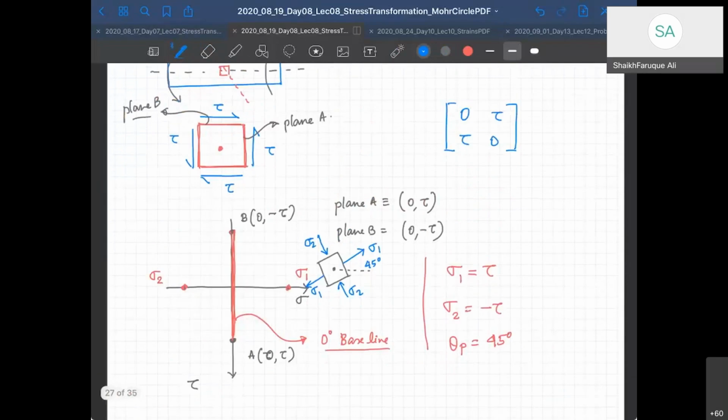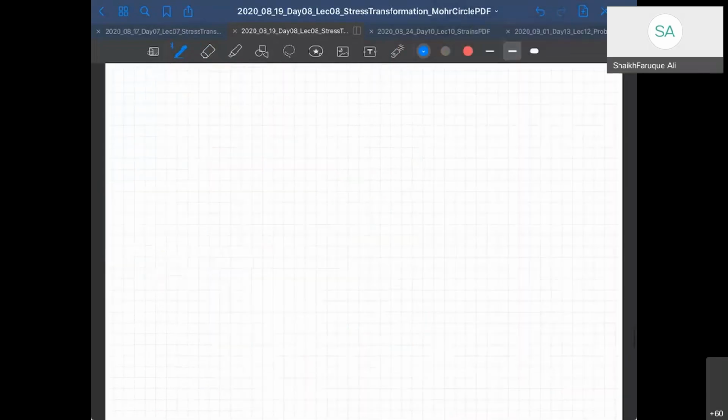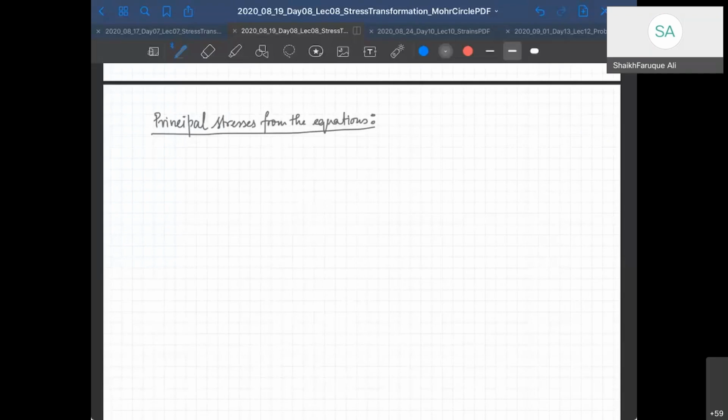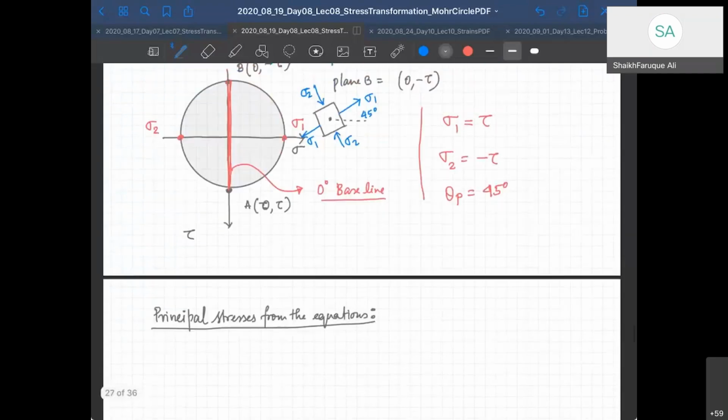What are the other ways of finding principal stresses? From the equations, how do you find it? Center O, radius tau.